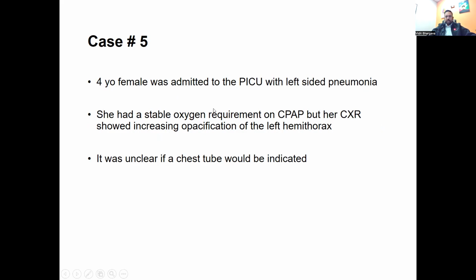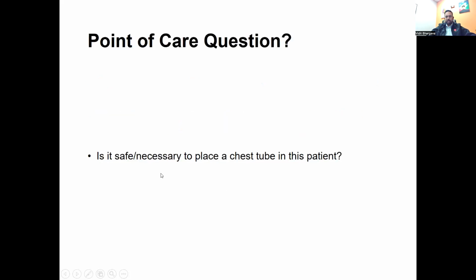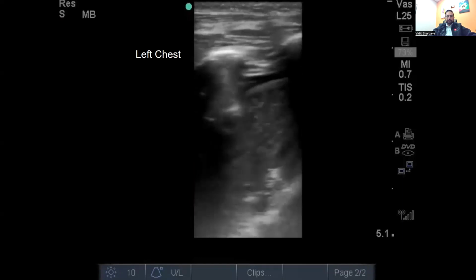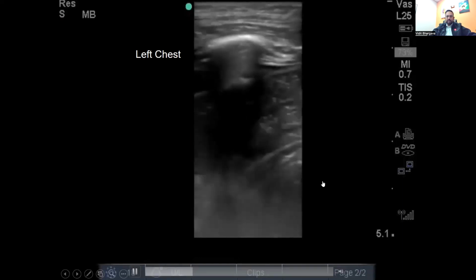I think these kinds of questions are really good to address with ultrasound because it really helps sort out between what is consolidation and what's effusion and whether or not you can approach that effusion safely. So our point of care question here is: is it safe and is it necessary to place a chest tube in this patient?